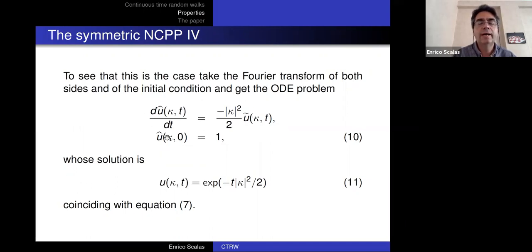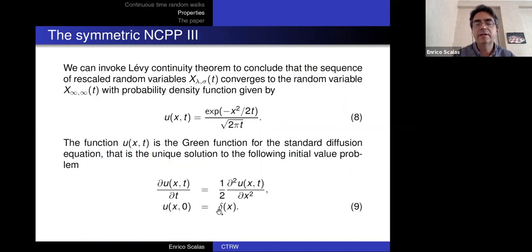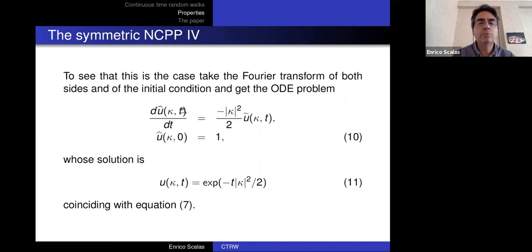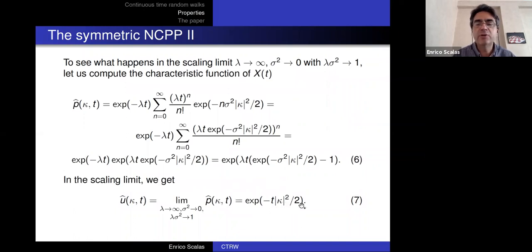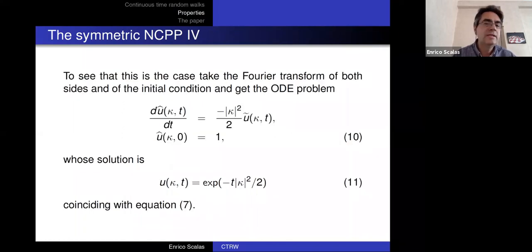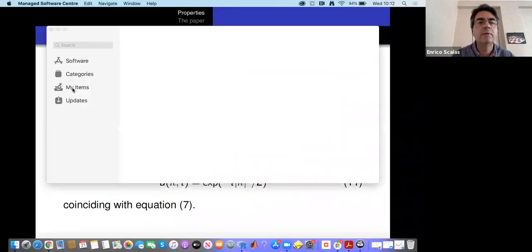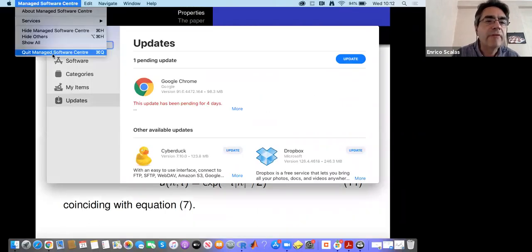And so remember that the characteristic function of the delta is 1. So you have this initial value problem for this ordinary differential equation. And here there should be a hat, sorry for that. And the solution of this, and the hat is missing here, is equation 11, which is magically inside the equation 7. This is really, then you invert this real space and you get u(x).